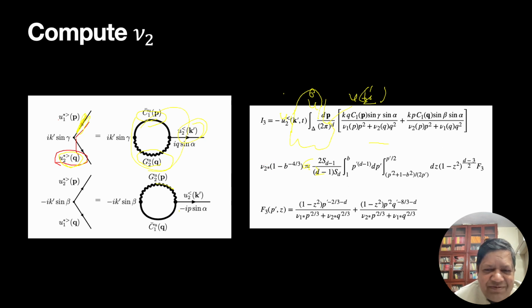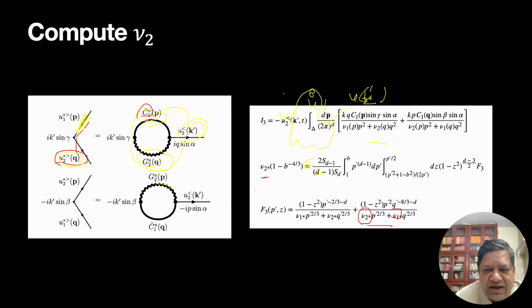Because at the bottom, this one has nu2 and u1. So here we have Green's function, so of 2. So 2 Green's functions gives you nu2, and correlation with 1 gives you that. So anyway, this is the expression.